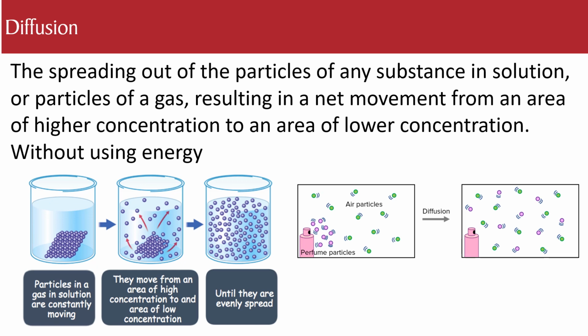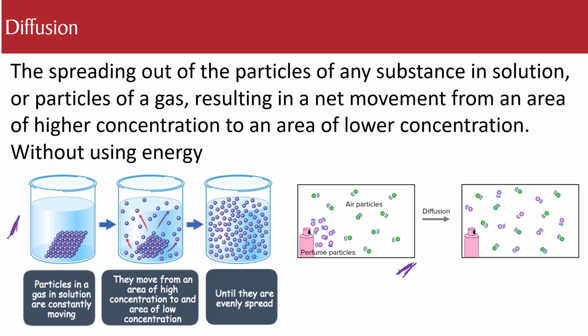Okay, diffusion. Diffusion happens in liquids, which is here, and it happens in gases, which is here. Now, the definition is dead important that you understand it and remember it.